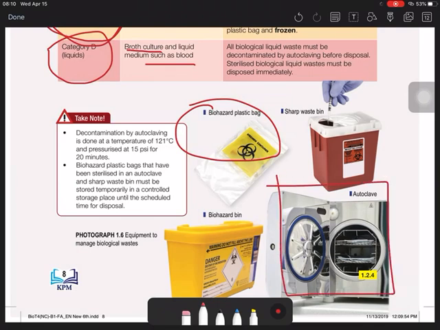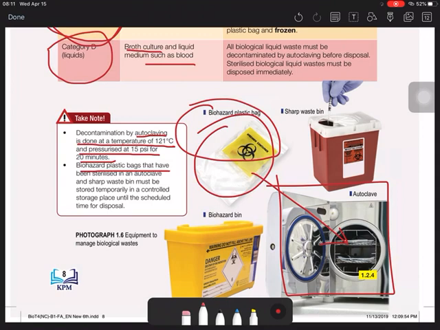It looks like a washing machine, but what it does is the things inside the biohazard plastic bag are steamed to a very high temperature, and that way it can kill all the bacteria and germs inside those bags. Autoclaving is done at a temperature of 110 degrees Celsius and pressurized at 15 psi for 20 minutes.